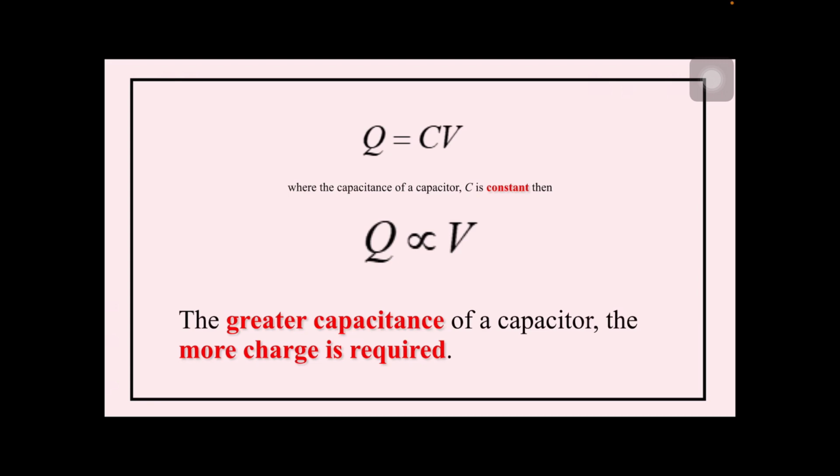The greater the capacitance of a capacitor, the more charge it can store. Okay guys, before we proceed to example 1, I hope you know the difference between capacitance and capacitor.